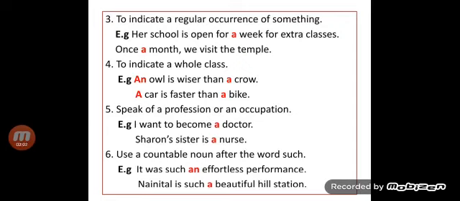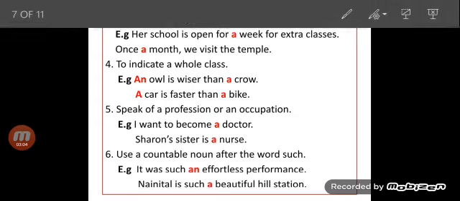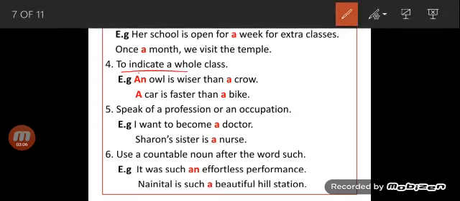To indicate a whole class. When we talk about a whole class of something, in the sense of all, we use articles a and an. An owl is wiser than a crow.